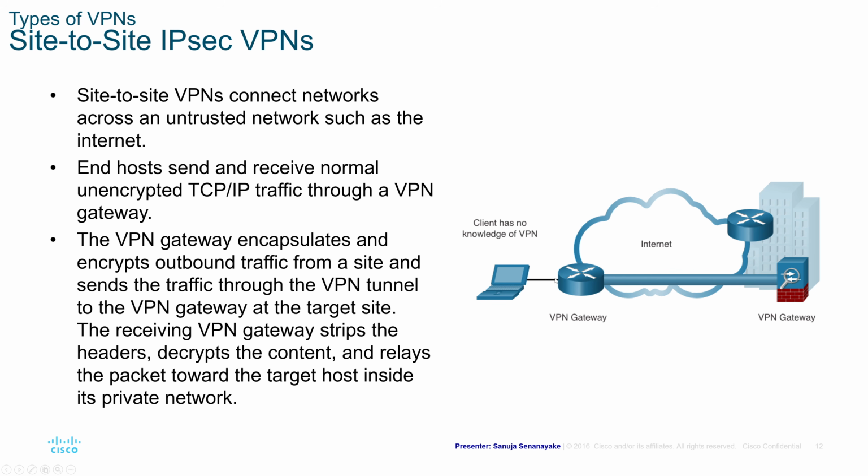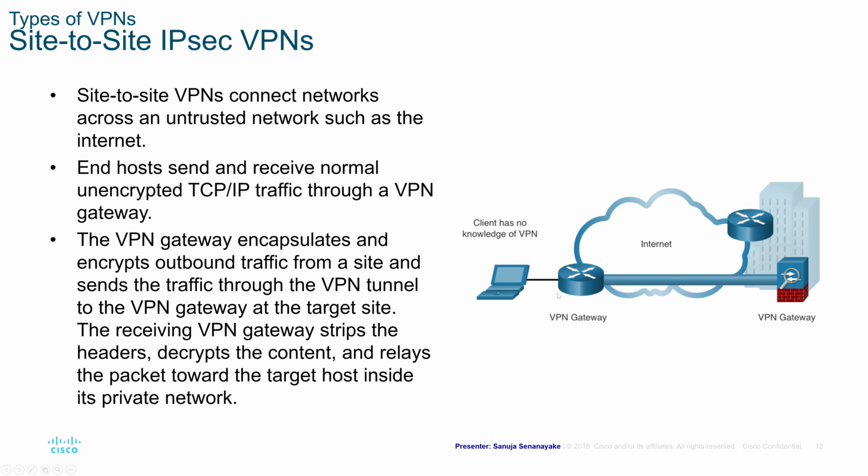It's just going to send the TCP/IP traffic to this gateway. However, the VPN gateway encapsulates and encrypts outbound traffic from a site and sends the traffic through the VPN tunnel to the VPN gateway at the target site. Then the receiving VPN gateway strips the headers, decrypts the content, and relays the packet towards the target host inside its private network.